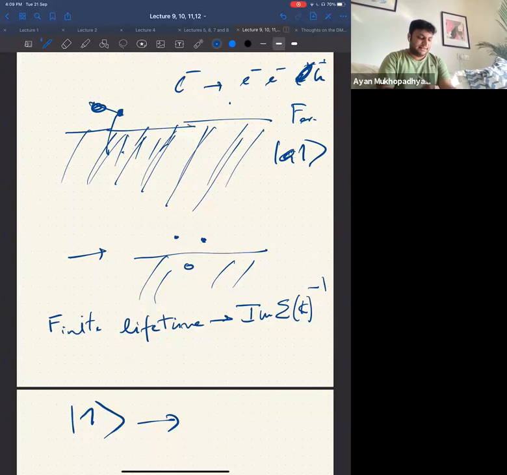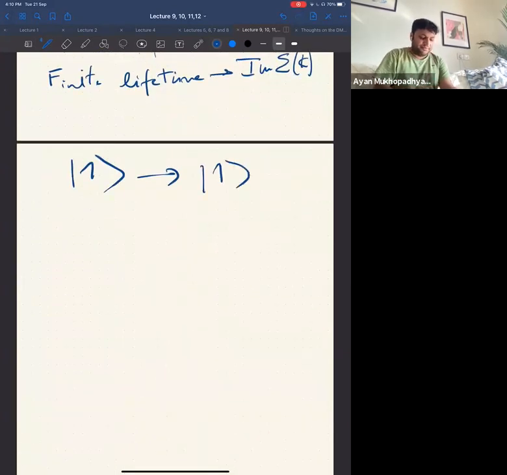If I excite this Fermi sea, I will get one excitation here and a vacancy here, right? These are the fundamental excitations of a Fermi sea, electron hole pairs. And then a single electron excitation would interact with this and basically split up like this. So basically it will mix with 1 plus 3 plus 5.